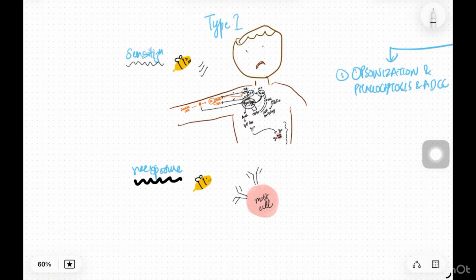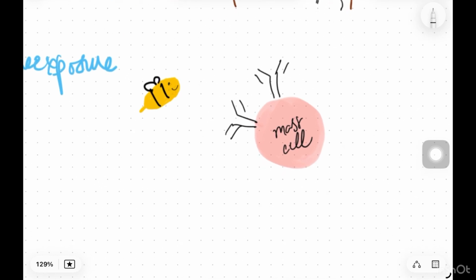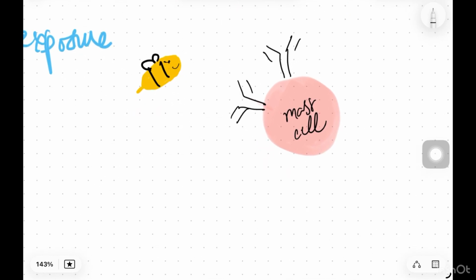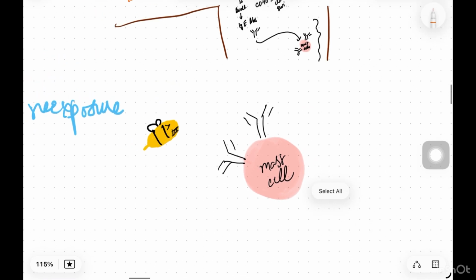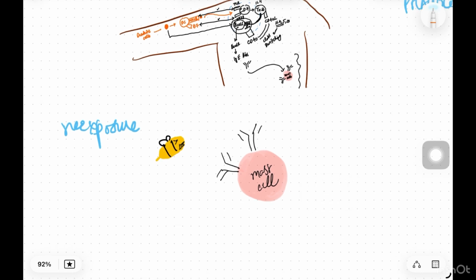Now let's see what happens upon re-exposure. Let's say after a few days, you have managed to get caught in the wrath of another bee, and this one stung you too. This time, you already have a primed immune system with mast cells and IgE receptors on them.